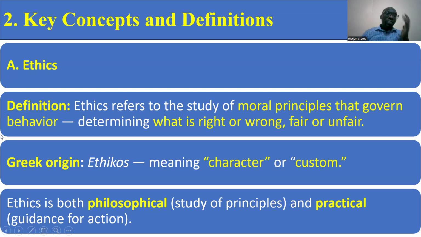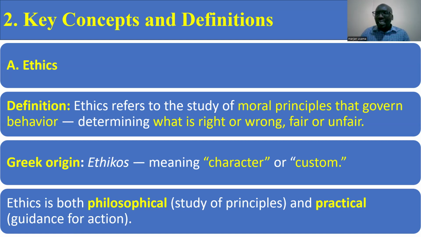Now, this word, it is originally from Greek, from the word ethikos. Ethikos means character, akhlaq, or custom, al-adat. Now, ethics is both philosophical. What is the meaning of philosophical? Study of principle, dirasatul mabadi. So ethics is both theoretical.